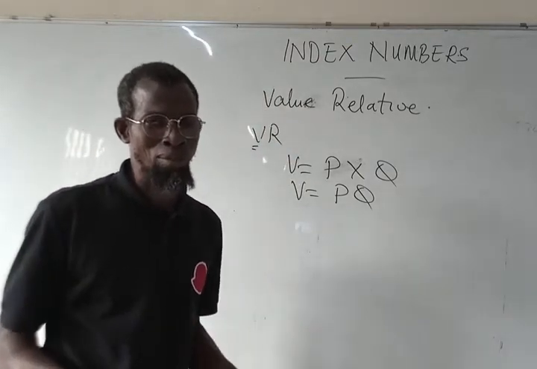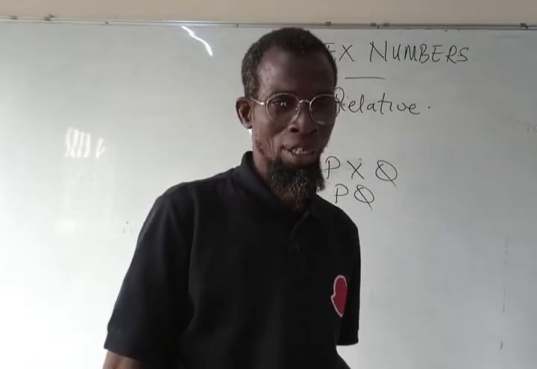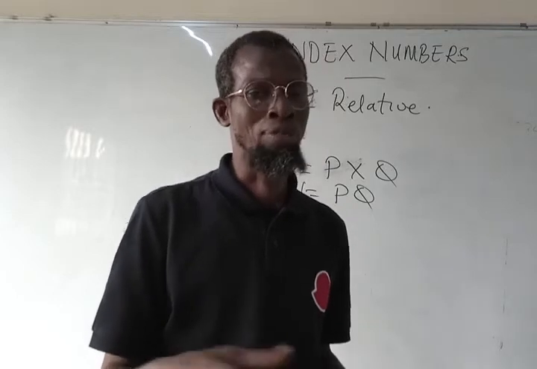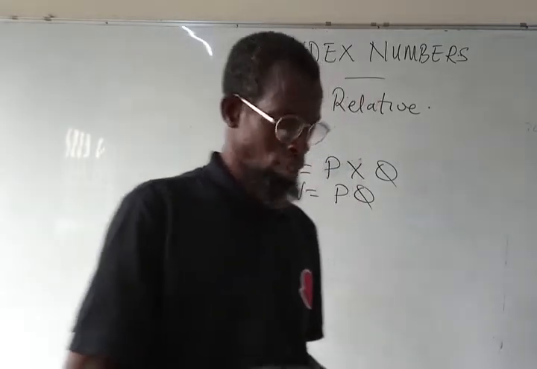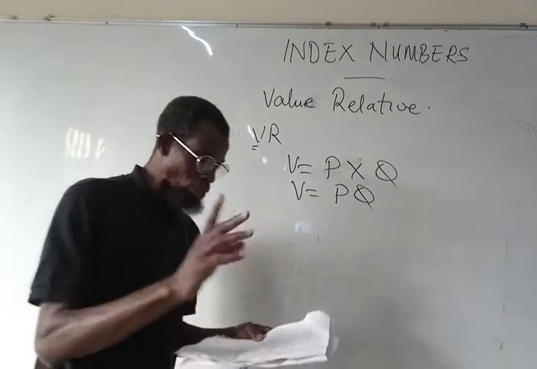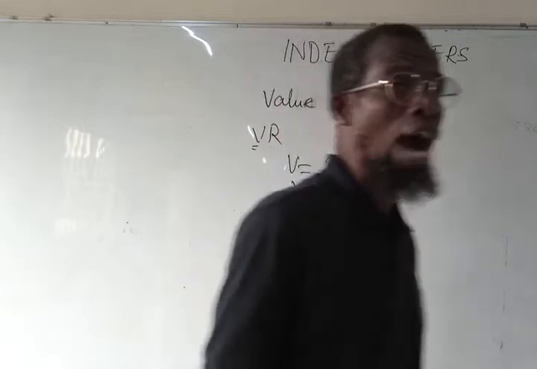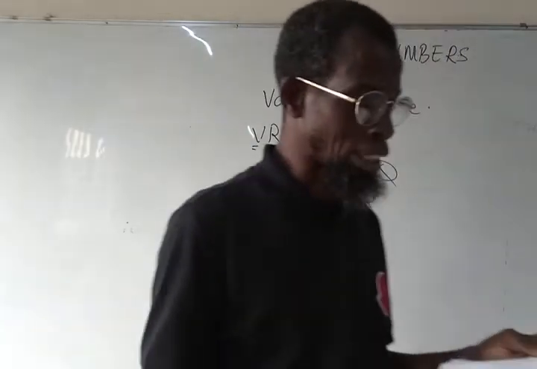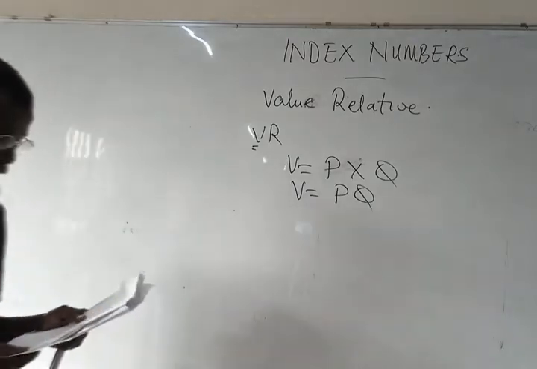Even the mineral we drink has reduced in value and quantity in some cases. But if the quantity is still the same, you see the value drop. So that's what I'm saying: to calculate our V, we multiply our P, the price, times the quantity.